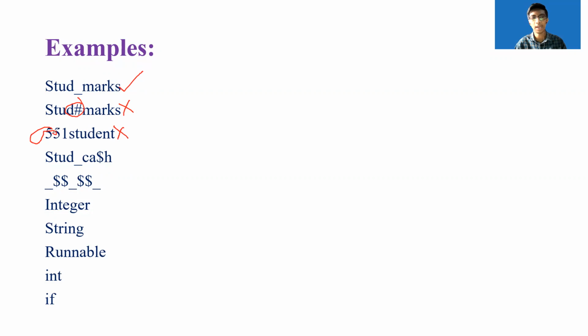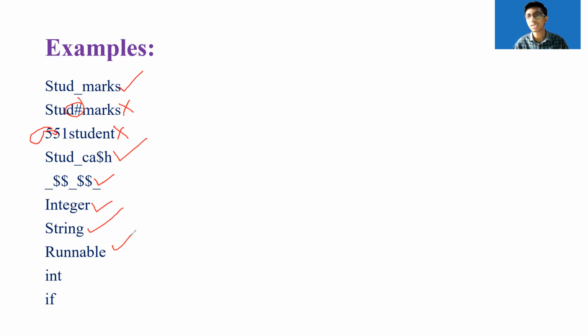Now this is a valid one, because the allowed characters are alphabets, underscore and dollar, so there is no issue with this. This is also valid, because underscore and dollar symbols are allowed. Integer, String, Runnable, these three are also valid, because these three are not keywords.